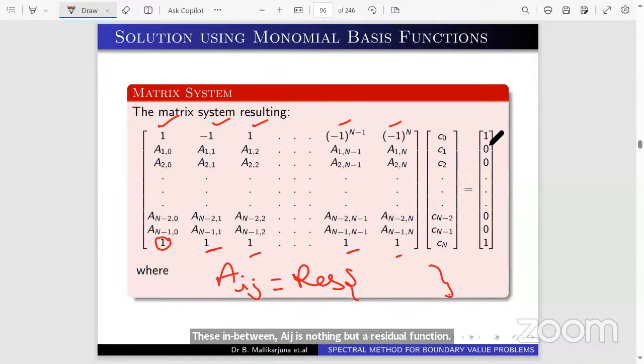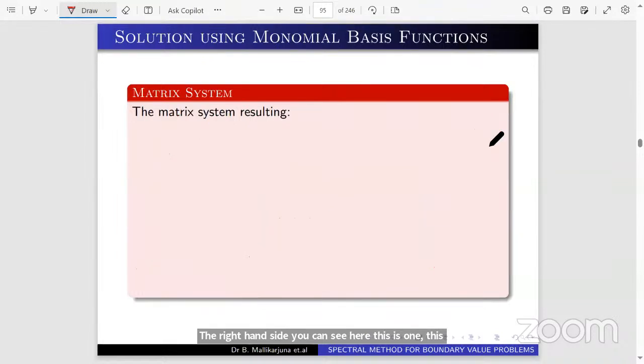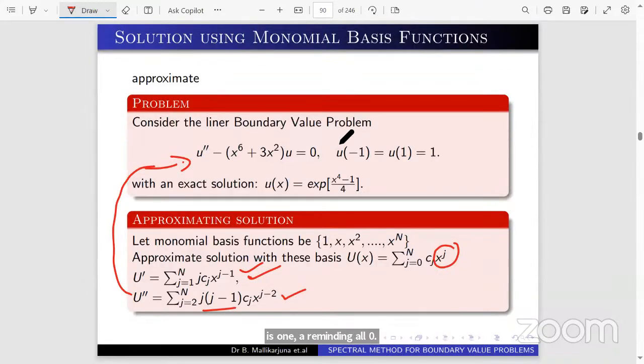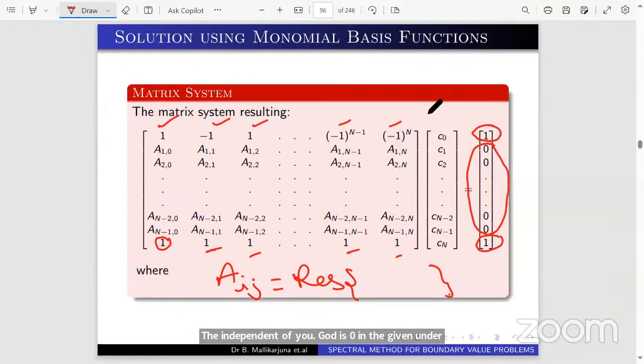The right hand side, you can see here, this is 1, this is 1, remaining all 0. Because in the differential equation, the right hand side is 0. That means there is no term which is independent of u. The independent of u term is 0 in the given boundary value problem. That is why in the final matrix form, we are getting 0 except the starting point and ending point, 1, 1.